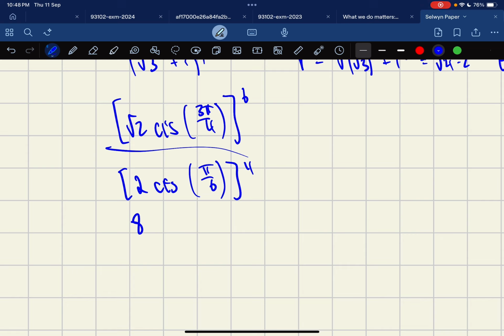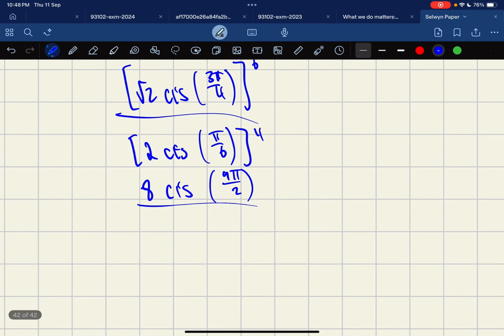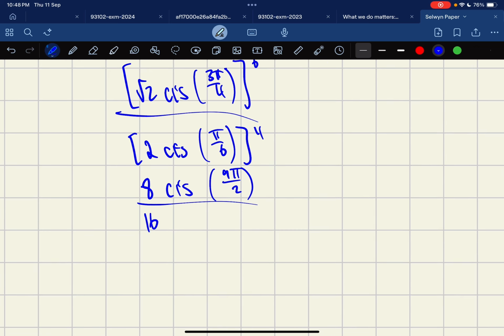It's going to be 18 pi over 4, which you can then take out 2, so it'll be cis of 9 pi over 2. Then 2 to the power of 4 is 16. Cis of 4 times pi over 6 is going to be 4 pi over 6, or 2 pi over 3.